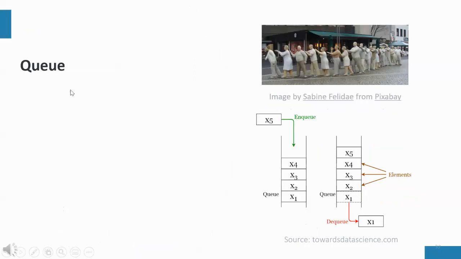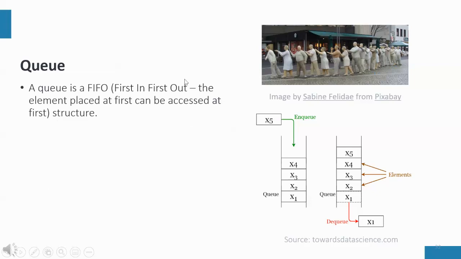Data structure queue is similar to a stack, but a queue is a FIFO structure. FIFO means first in, first out. The element placed first can be accessed first. Queue operations are called enqueue and dequeue.